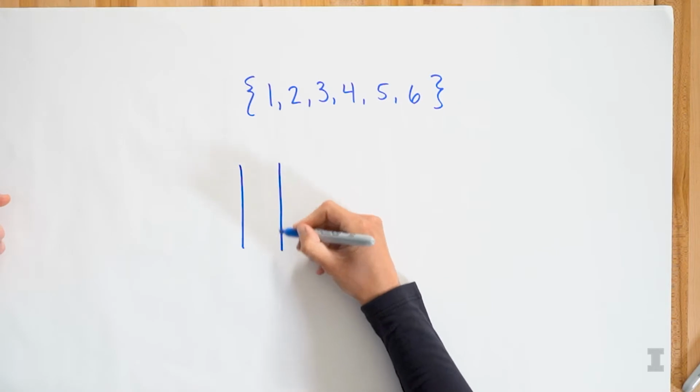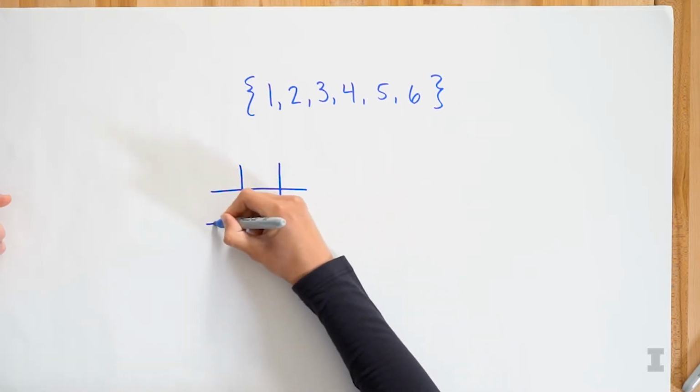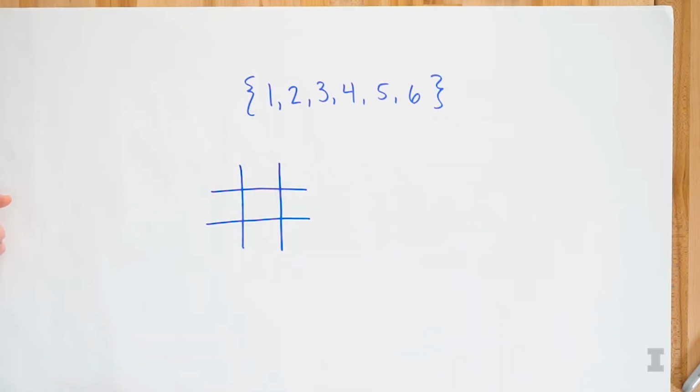Yeah, so if we want to think about the sample space, I think one of the best ways is just to think about a game. So what does the board look like in tic-tac-toe? So in tic-tac-toe, if you're not familiar with it, we have a board that looks like this. 3x3 board. And basically, one player is the X's and one player is the O's, and you want to get 3 in a row.